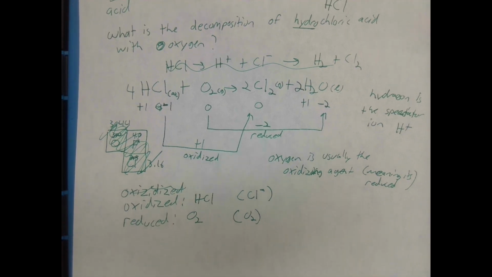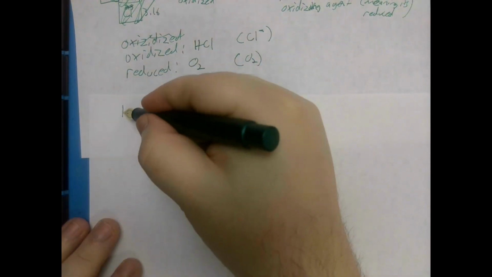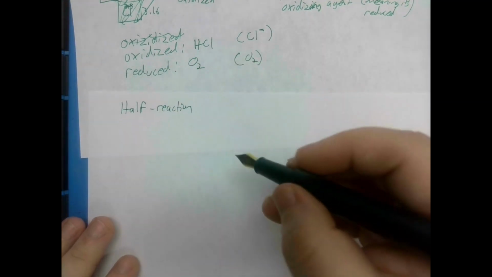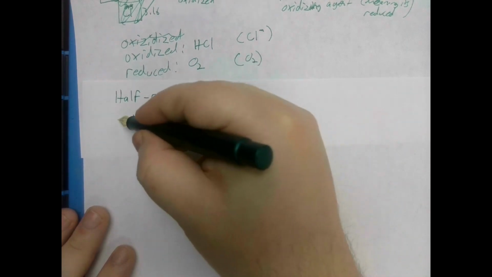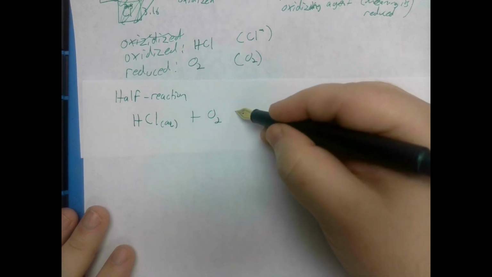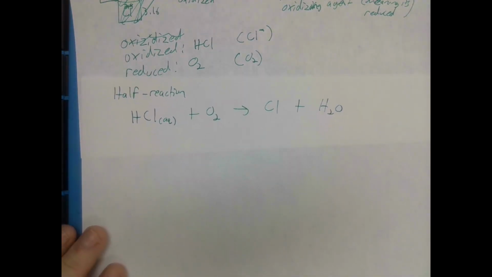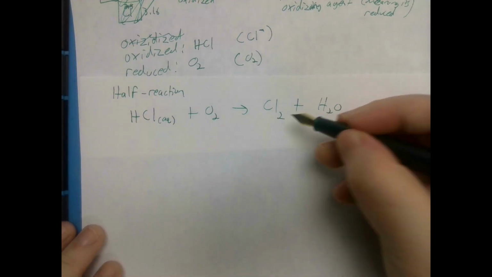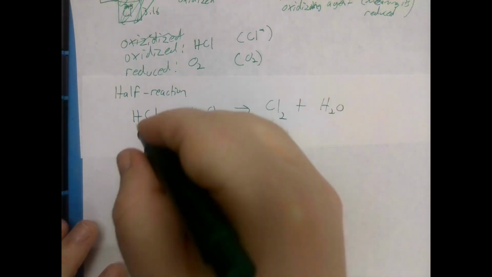So what would be the half reactions? For half reactions, we're going to be looking at it in the ionic form. So we have the equation HCl with O2 makes chlorine and water. I'm trying to see ionic. The only thing ionic in this whole thing is this over here.